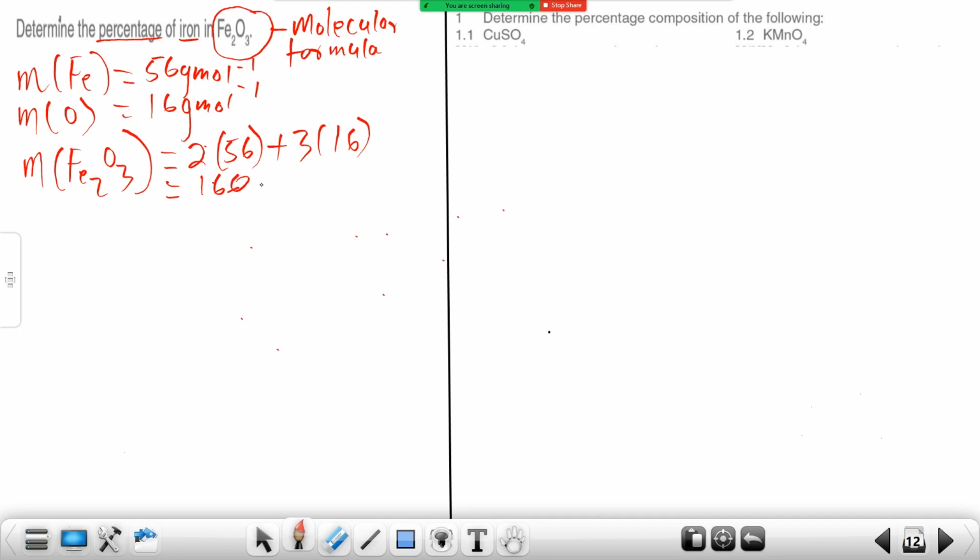So 160 grams per mole. Then I am done with that.